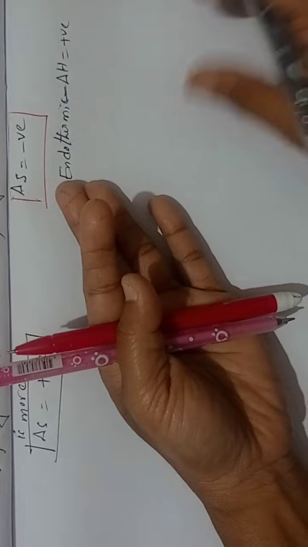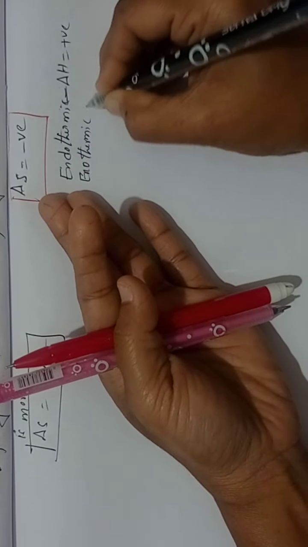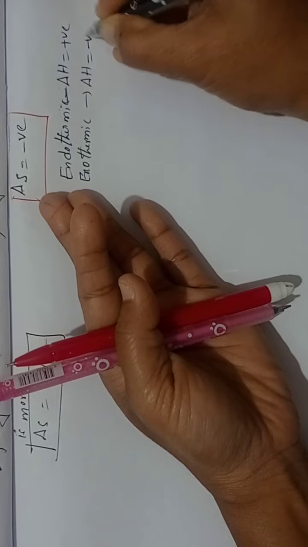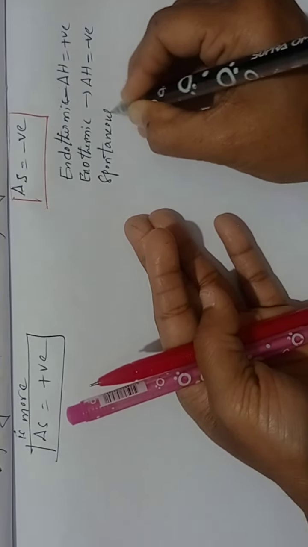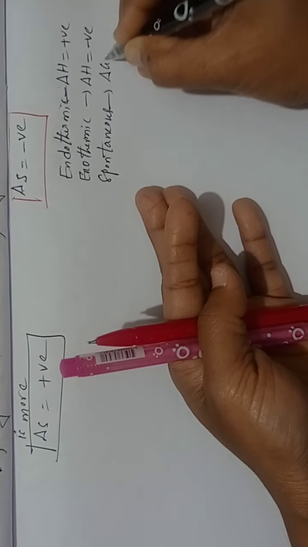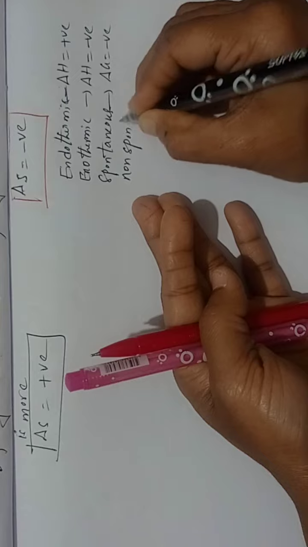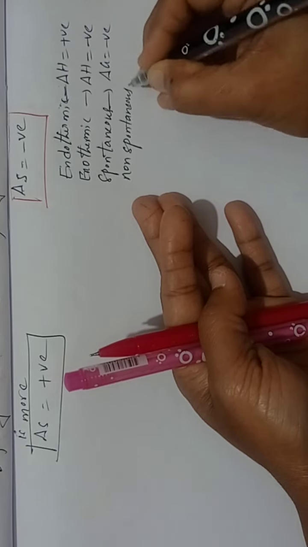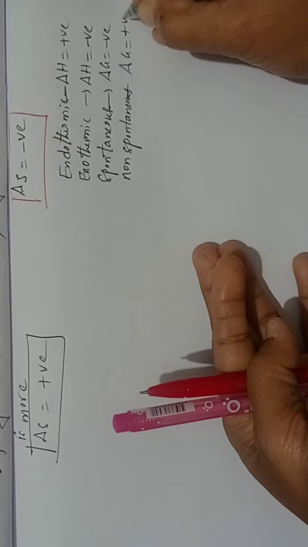In exothermic, delta H value negative. Spontaneous reaction: in case of spontaneous reactions, delta G value negative. In case of non-spontaneous reactions, delta G value positive.